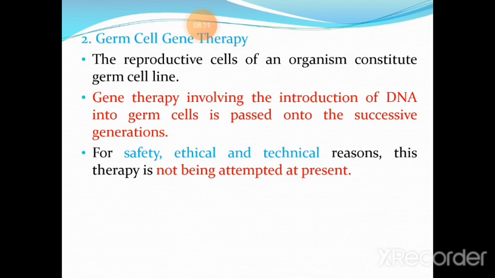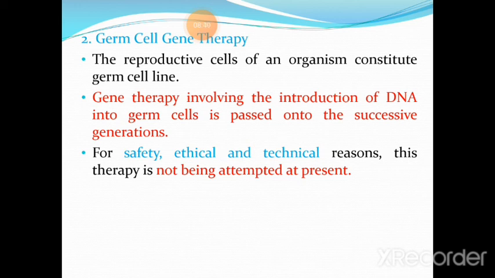Then the second approach is germ cell line gene therapy. Here, the reproductive cells of an organism, like gametic cells, constitute the germ cell line. Gene therapy involving the introduction of DNA into these germ cells, okay, is called germ cell gene therapy.